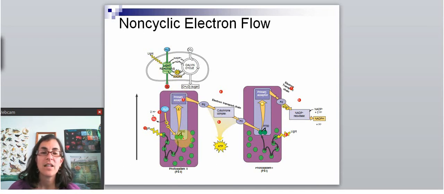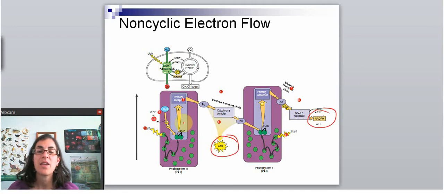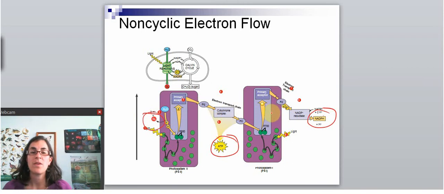Water puts its electrons into P680, and then the electron gets passed down into the electron transport chain. The energy from that is used to make ATP by a gradient. And then over in PS1, same thing is happening. Light is shining in, exciting the electron, and passing the electron to NADP plus to make NADPH. So again, we have equal amounts of NADPH and ATP, and we're also making oxygen using both PS2 and PS1.